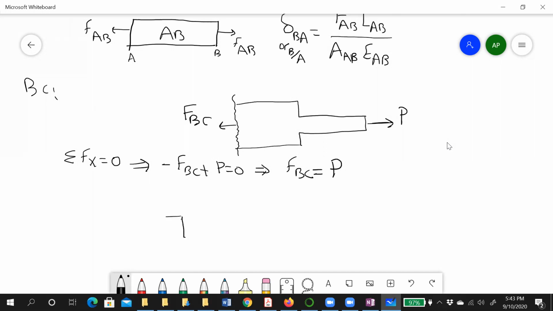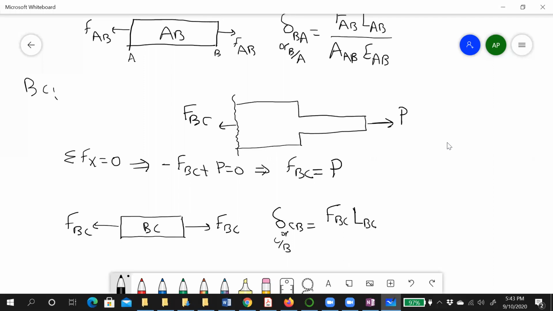For example, this is just segment BC. We can write delta CB, or C with respect to B, equals FBC, length of BC, over A of BC, E of BC.